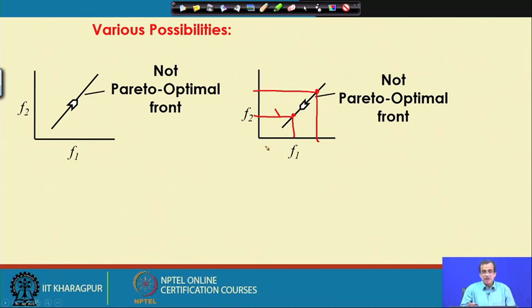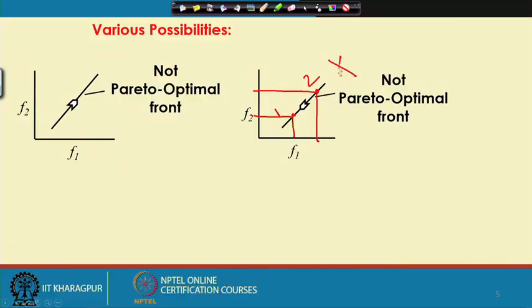In this particular direction, from 2 to 1, both F1 and F2 are decreasing. So, there is no fighting attitude between F1 and F2. This is once again not a valid Pareto optimal front of solution.